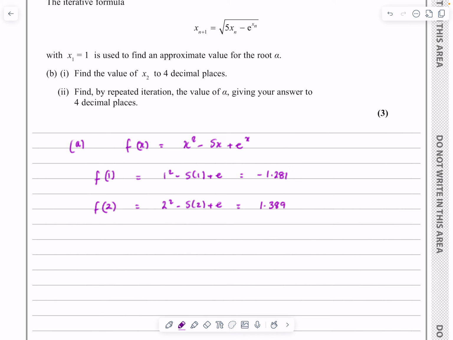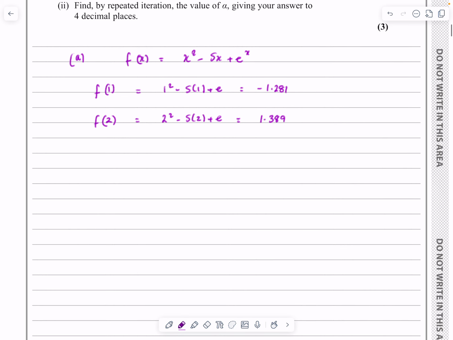And then f(2), 2 squared minus 5 lots of 2 plus e, well, that works out to be 1.389. And I hope most of you are aware that the important point is the fact that there has been a sign change there. So get the wording absolutely correct. Since there is a sign change, that doesn't get you the marks yet. Since there is a sign change, and f(x) is continuous.